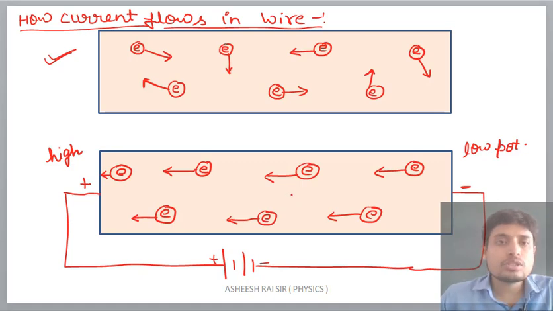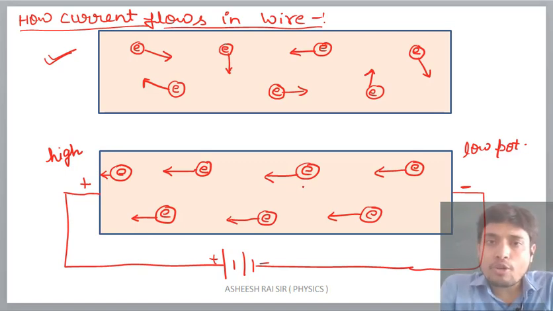So this is the main reason that when we connect the battery along the conductor, the current flows in the conductor. Electrons are moving without the battery also, but they are moving in random directions. That's why the net current in the conductor is 0.